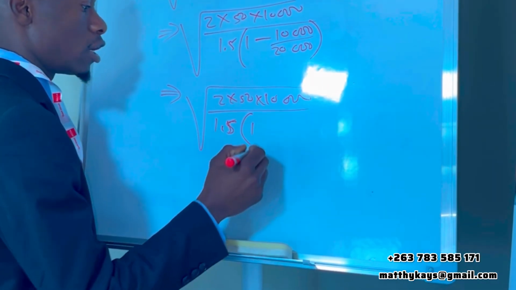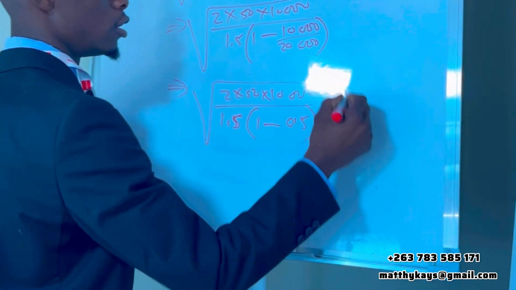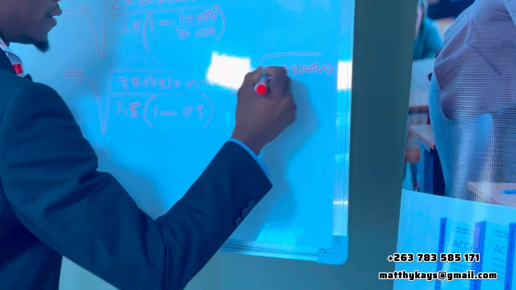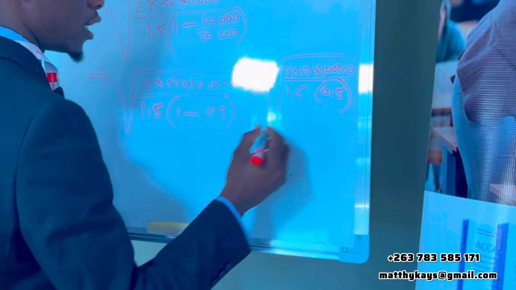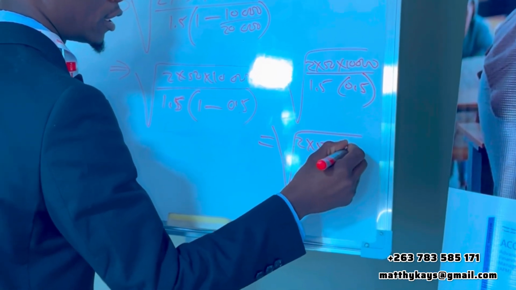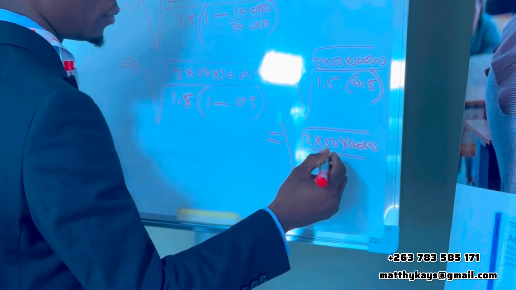Open bracket, 1 minus, you divide this one, that will be 0.5. Then if you continue with your mathematics, you solve this 1.5 in brackets, that will be 0.5.